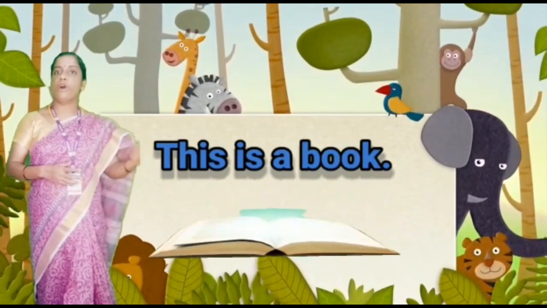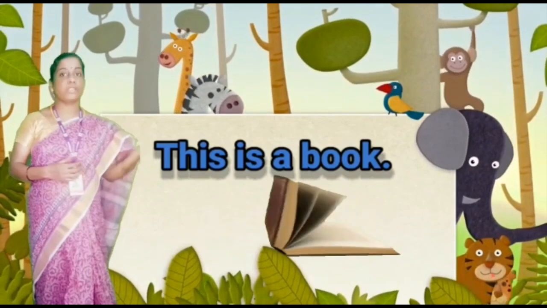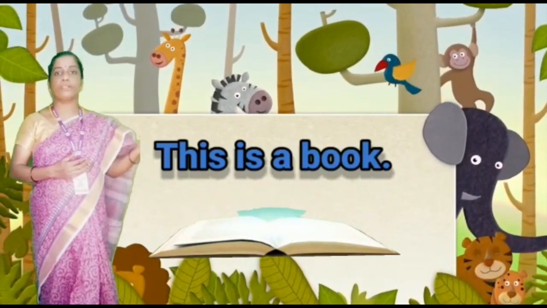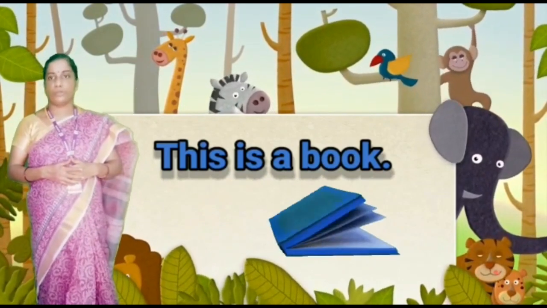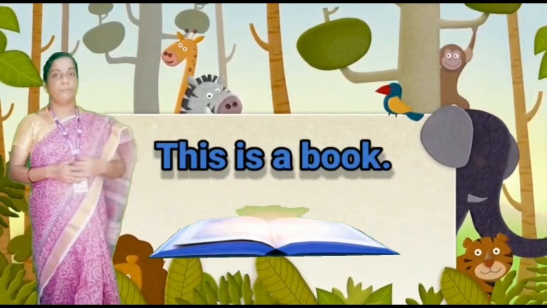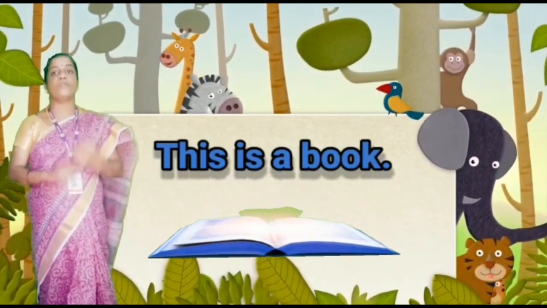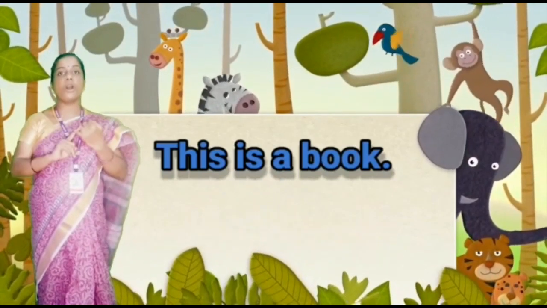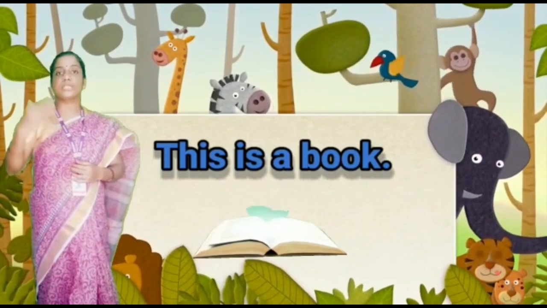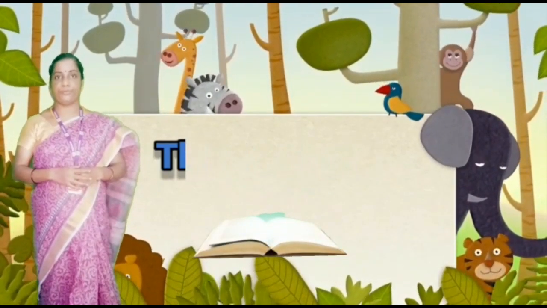In all this while, I never spoke about any book. I am talking about the book for the first time. That is the reason we place a before book. So here we have applied the first rule.